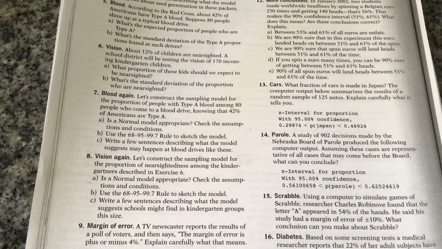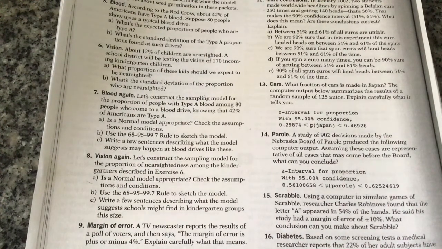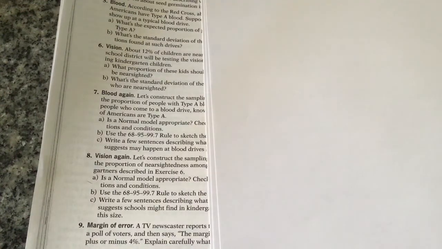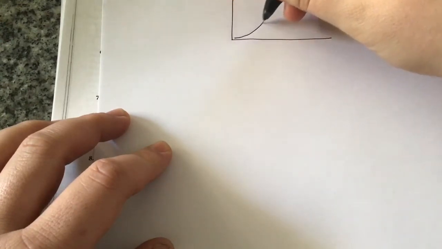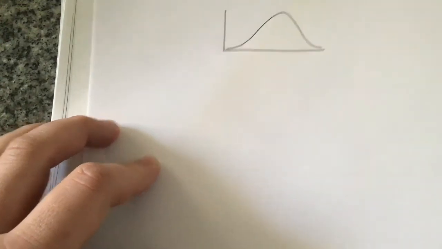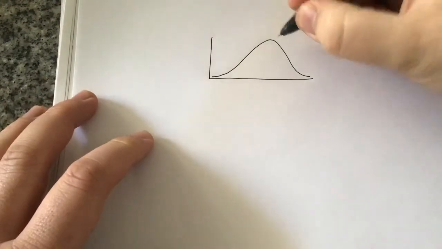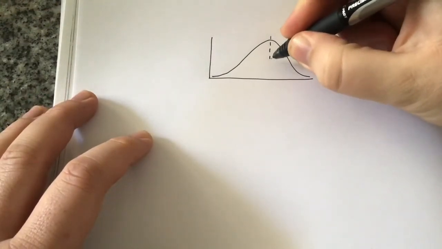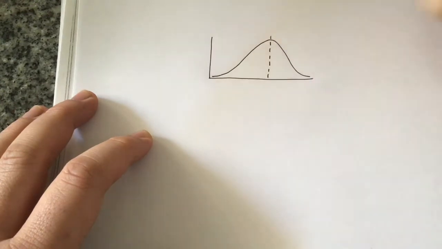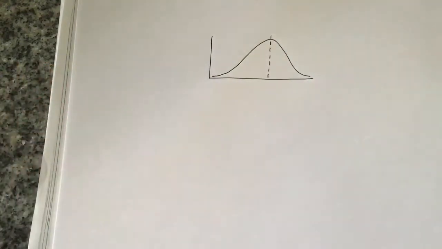Now, to do that, we draw a normal distribution. Technically, you don't actually have to draw this stuff, you can just kind of think about it. But for the sake of showing this off, I'm going to draw it. And this sampling distribution requires what we call our true proportion, or our true mean, our true average of the data.